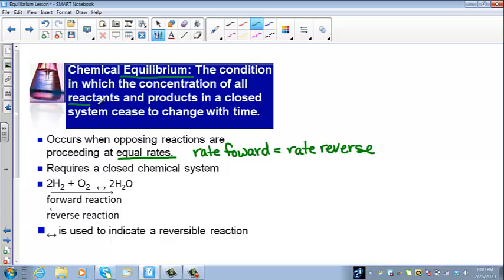The reactants and the products cease to change with time at equilibrium. So at equilibrium, the products and reactants are constant, and that you actually learned in Regents Chem.